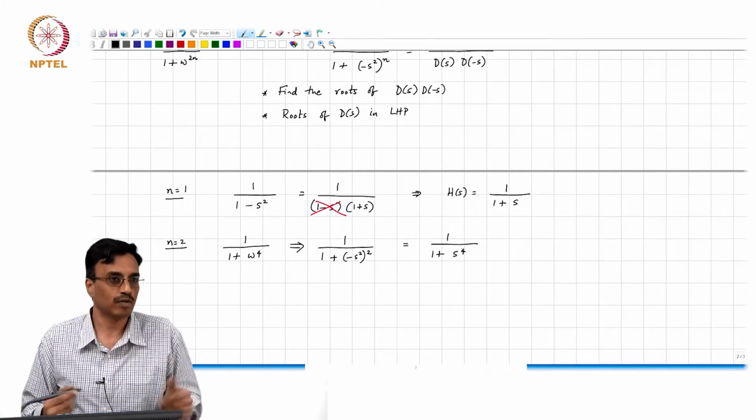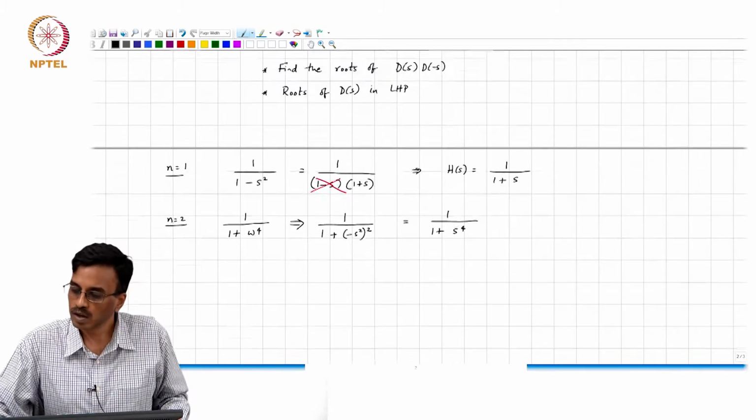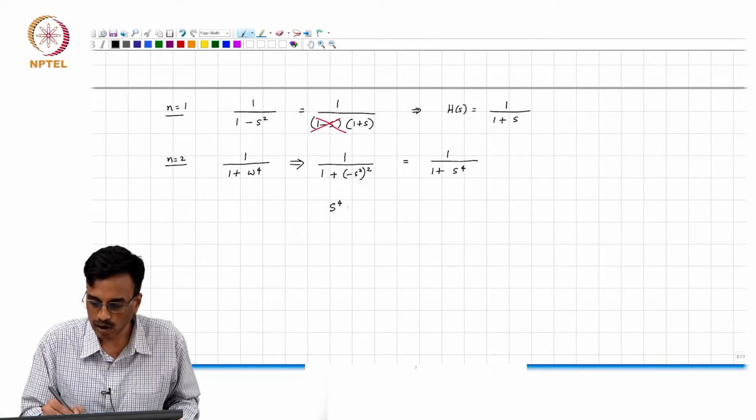We need to find the roots of 1 plus s power 4, and what are the roots of s power 4 equal to minus 1?